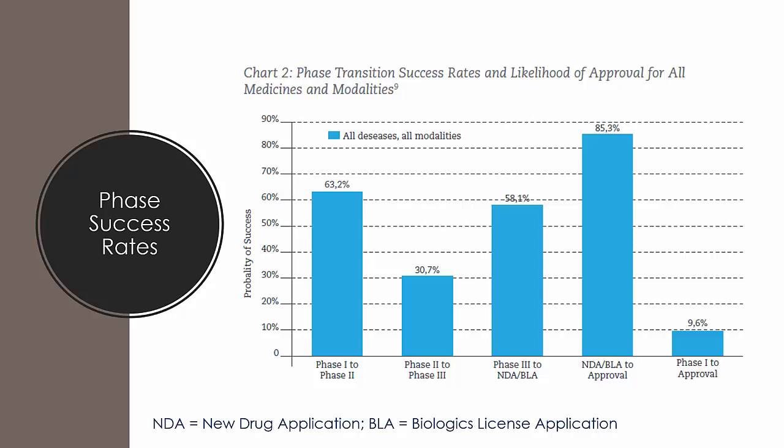And that's even taking into account that you've already gone through a huge amount of preclinical trialing, which is a hugely costly process in itself. So this is a fairly bleak outlook, it has to be said, if you're looking at simply the chances that one particular drug is going to make it all the way through to actually being able to be sold.